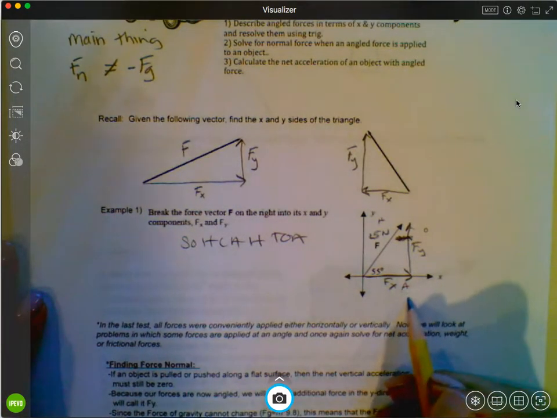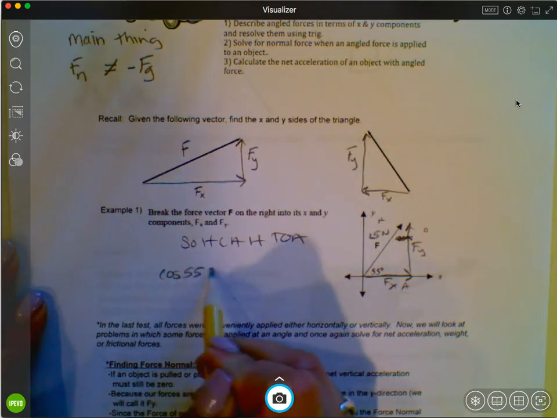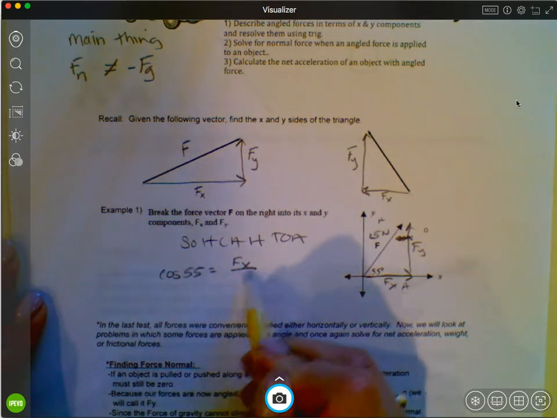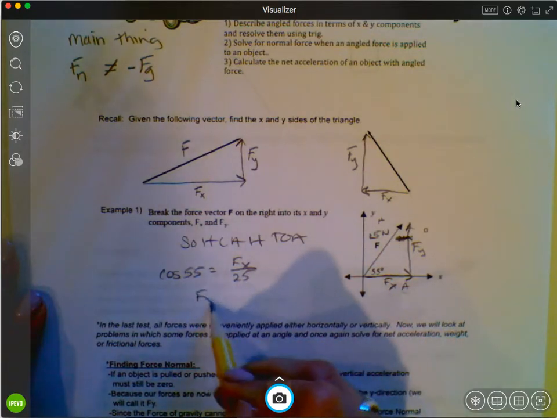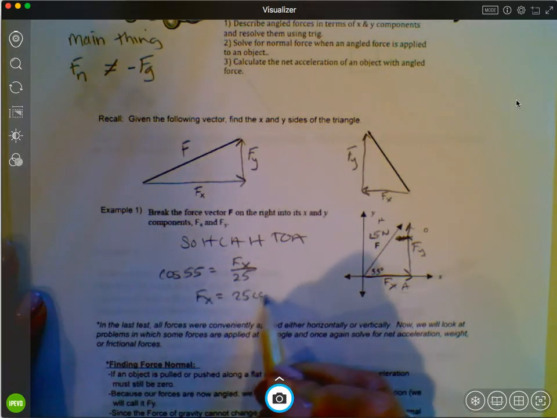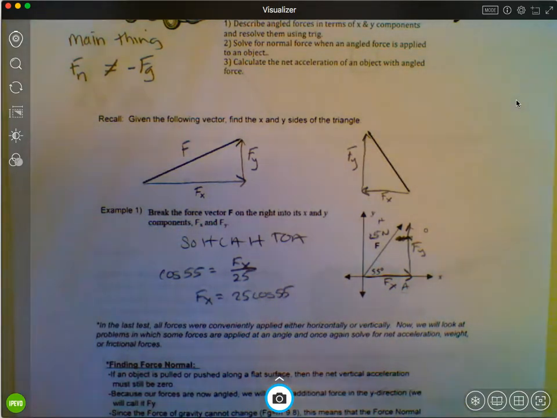So if I want the adjacent, I'm going to go ahead and use cosine. So cosine of 55 equals adjacent over hypotenuse. And then if I want to solve for it, it's 25 cos 55. Right, so hopefully that's coming back.